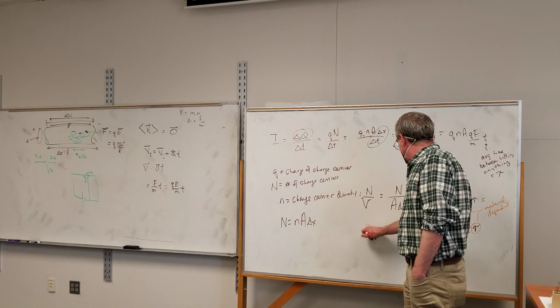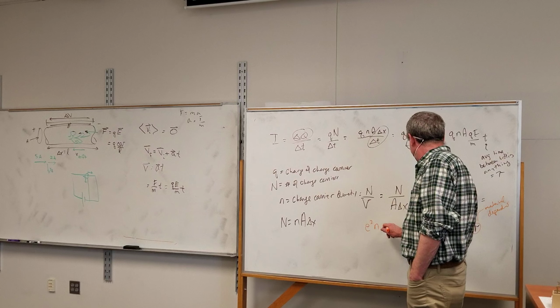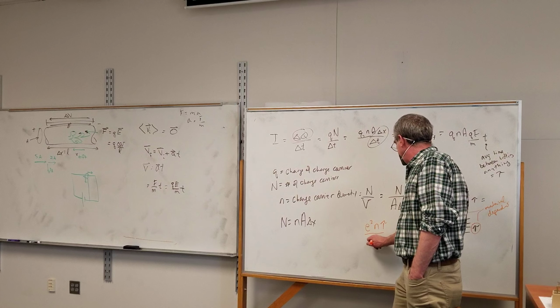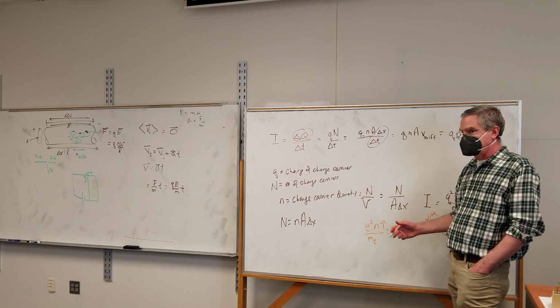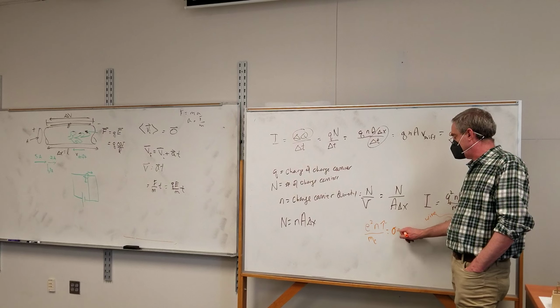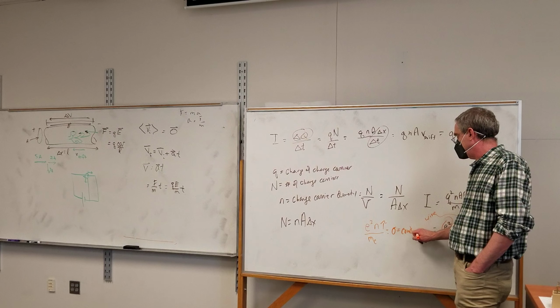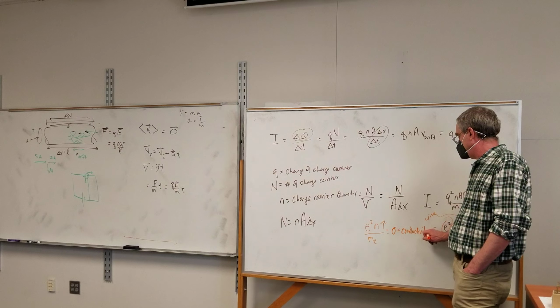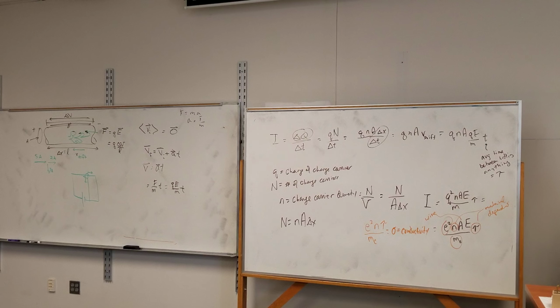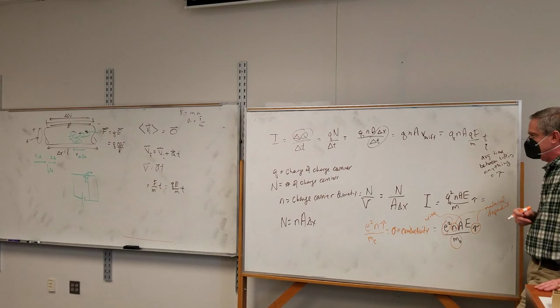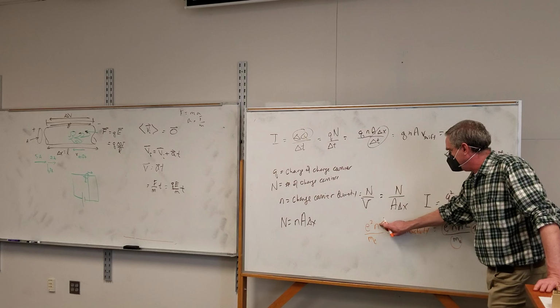And so e squared n tau over m e, that is known, the symbol used is sigma, and this is known as the conductivity. Two of them are constants and two of them are material dependent. And that's a tau, not an i.